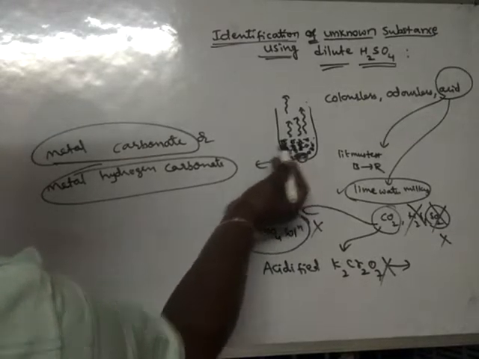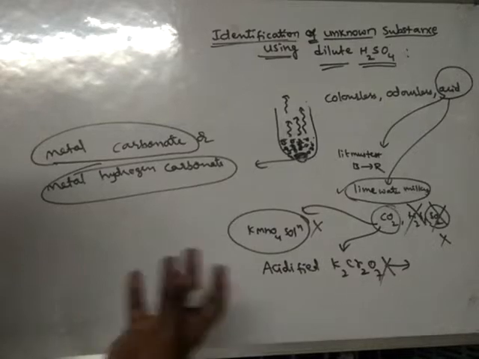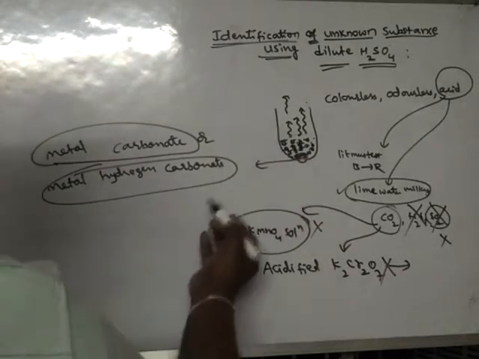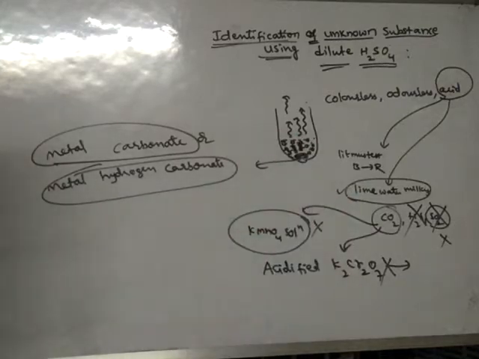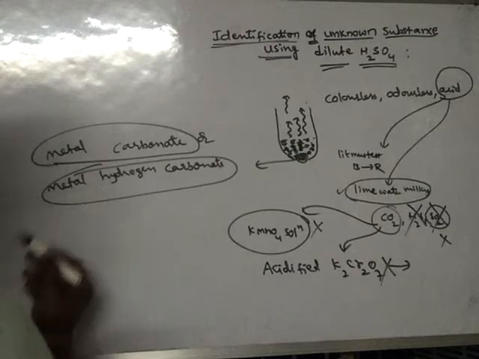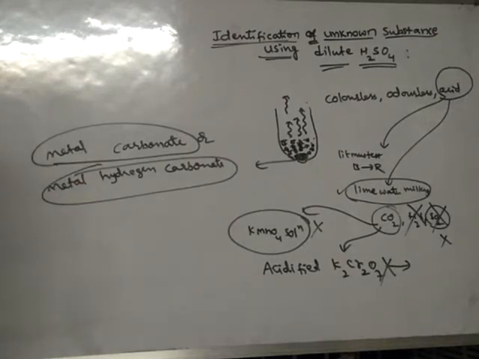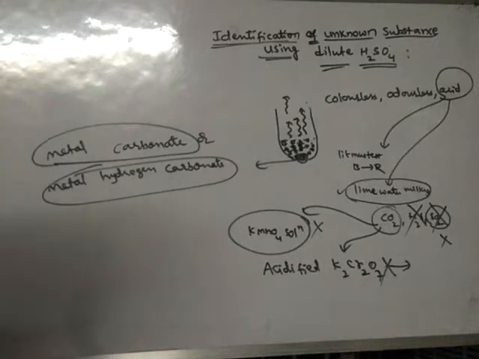Brisk means very fast. Effervescence means bubbles. So here carbon dioxide gas is released rapidly. From this it is understood the given substance is either a metal carbonate or a metal hydrogen carbonate. Metal hydrogen carbonate is also called metal bicarbonate.